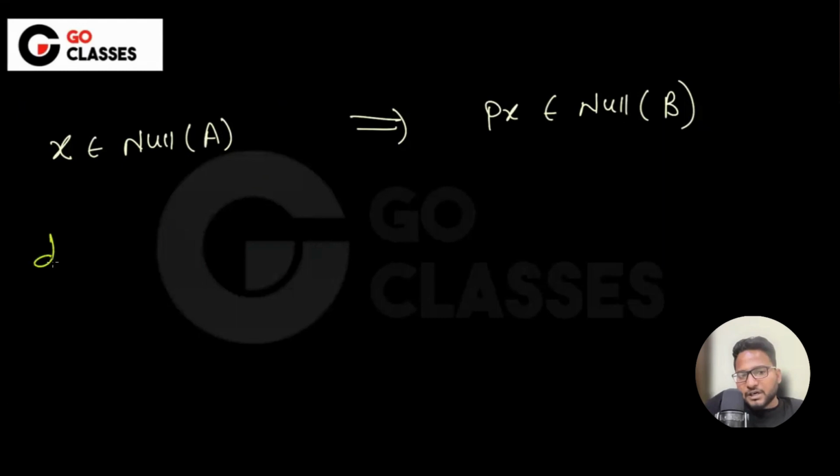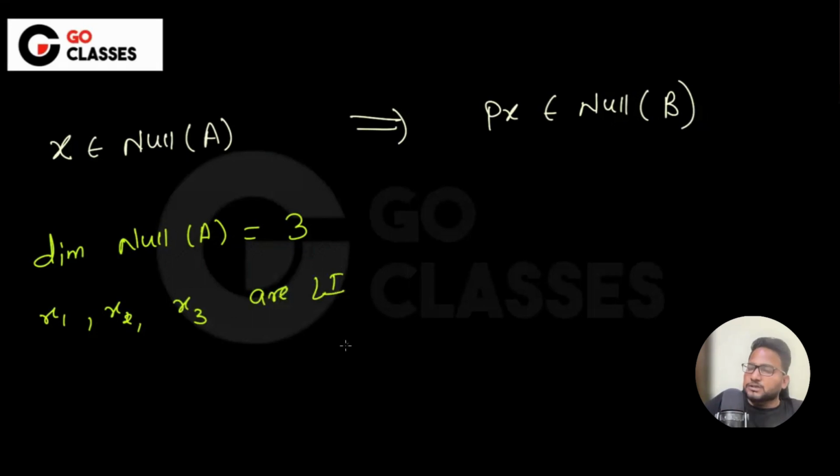Which means the dimensionality of the null space of A is 3, which means only x1, x2, x3 are linearly independent. Let's assume this. Then you tell me about Px1, Px2, Px3. Are they also linearly independent?